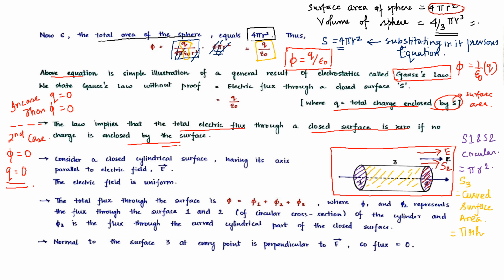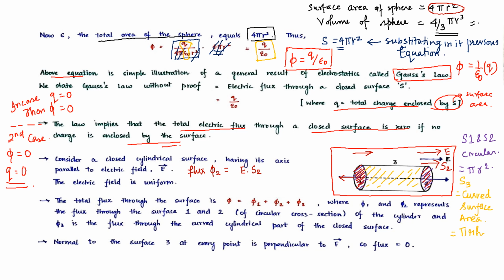So the flux from surface 2 equals E dot S2. Now the electric field is going in this direction and the area element of face 1 is going in the opposite direction.